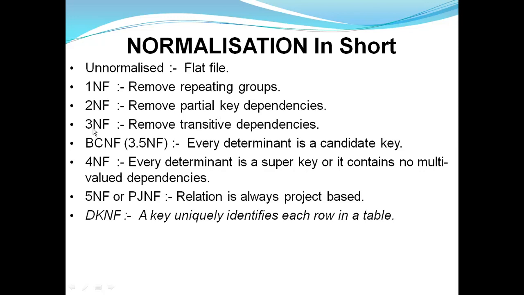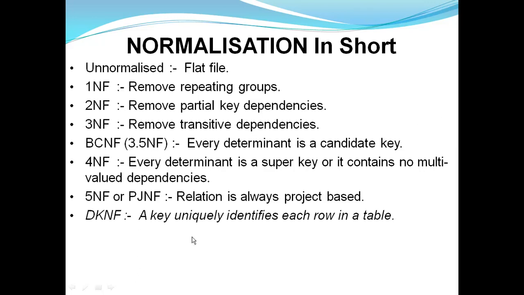And 3NF, remove the transitive dependency. There should be direct dependency. Okay, so repeat it once again. 1NF, remove repeating groups. 2NF, remove partial key dependencies. 3NF, remove transitive dependencies. So now we are experts up till the 3NF.